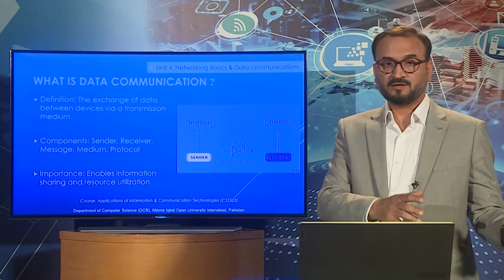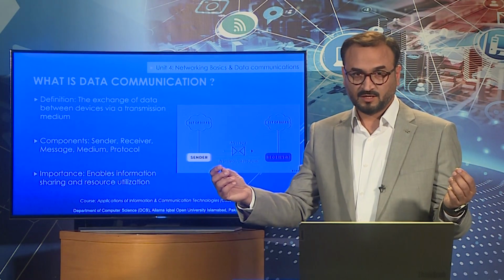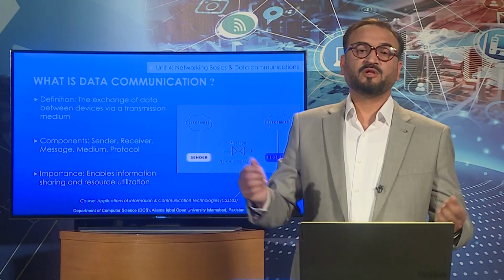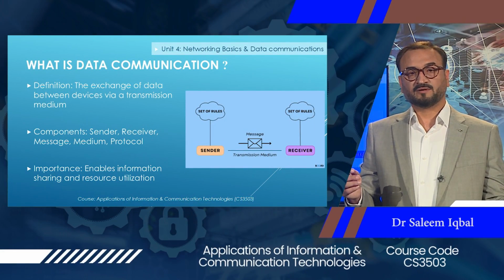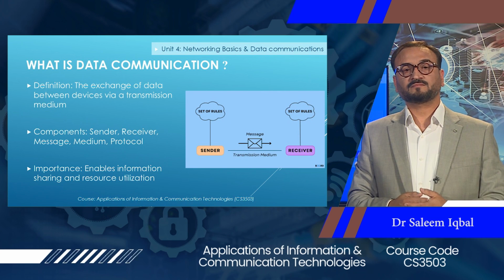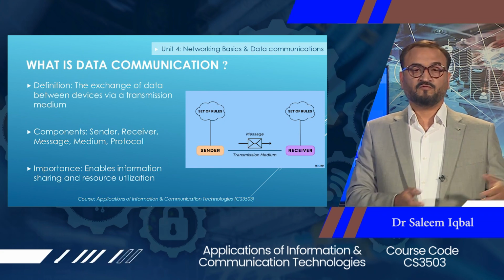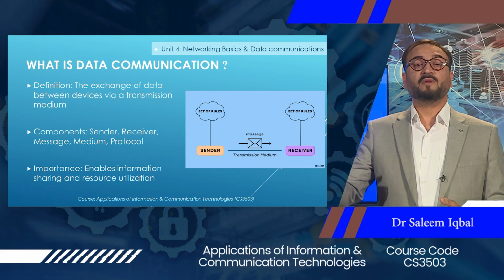So sender and receiver are two important components. If we are talking about one-to-one communication, there is a single sender and a single recipient. But it might be group communication, where the sender could be single but the recipients multiple.